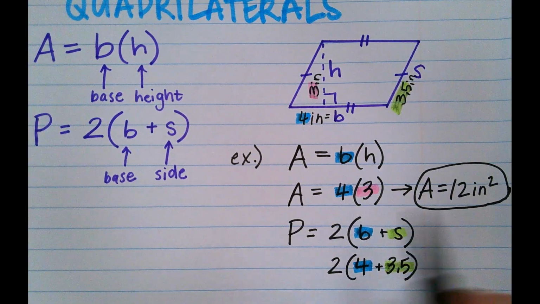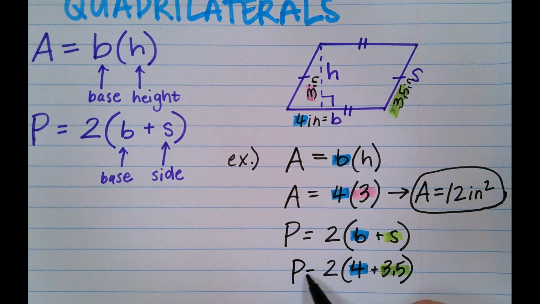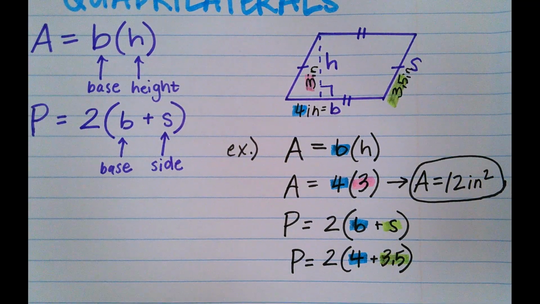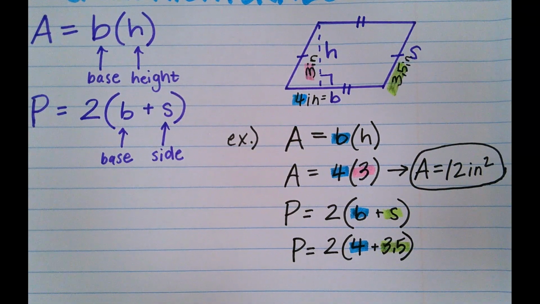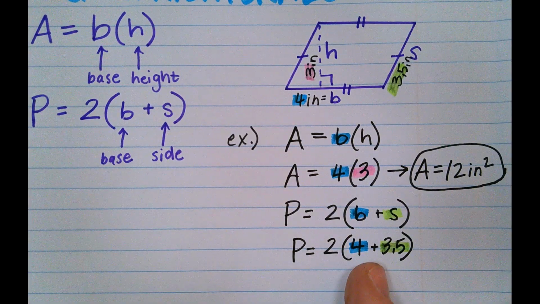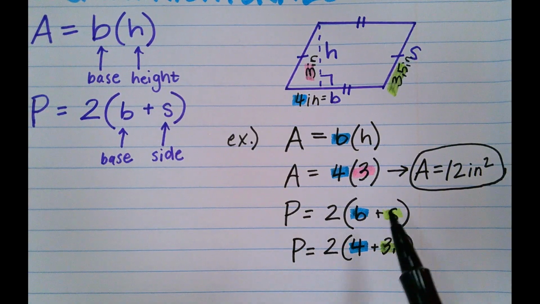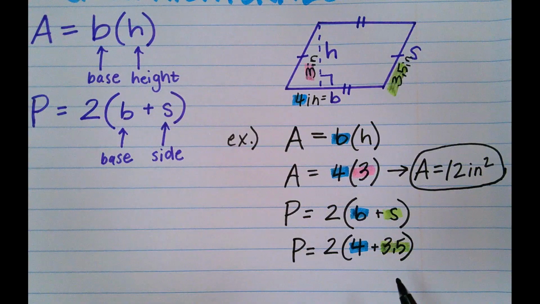Now, there's a couple of ways that we could solve this. This just goes back to order of operations, our basic rules of how we solve problems. What is one way that I could solve this? Take care of your parentheses first. So how do we do that? You're gonna add 4 and 3.5 together.